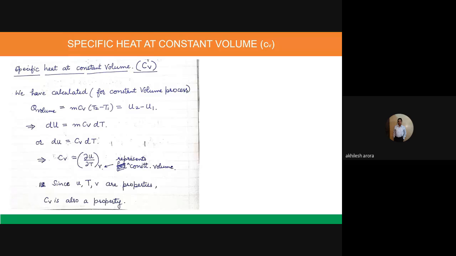Now you remember that in case of a constant volume process, if we calculate the value of the heat transfer, see this shows the constant volume process. The value is equal to change in internal energy because in a constant volume process, the value of delta W is equal to 0. So that means this value is equal to mCv (T2 minus T1).